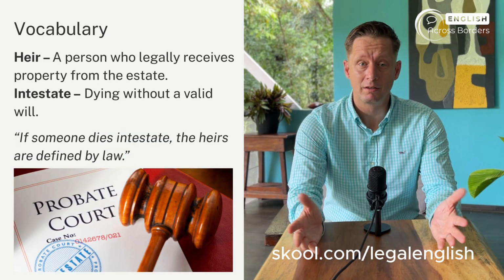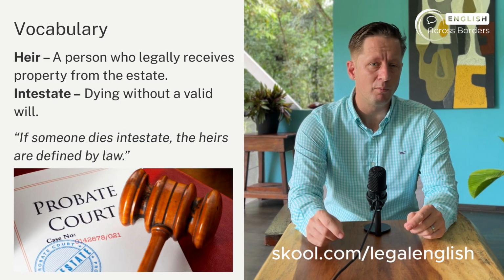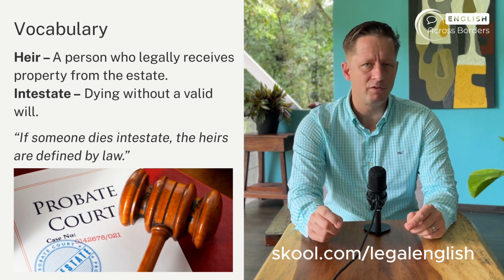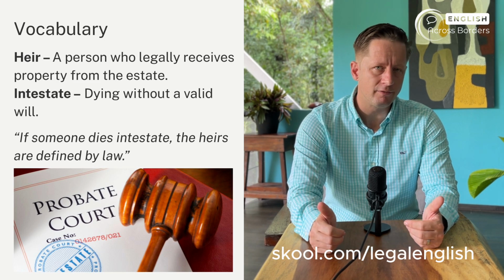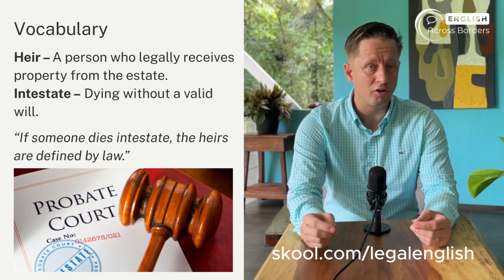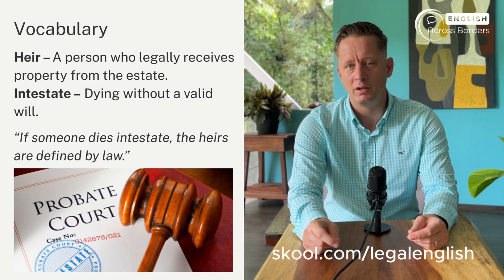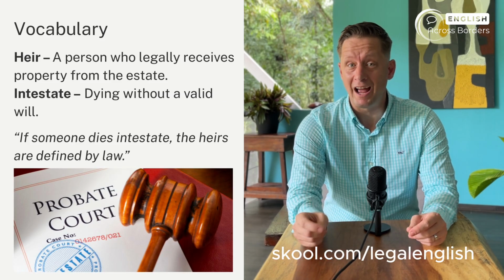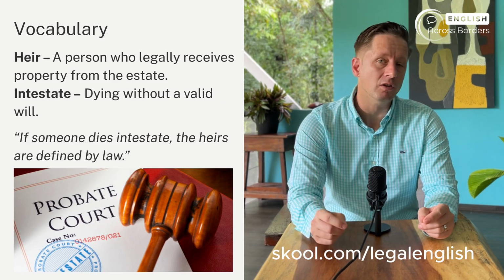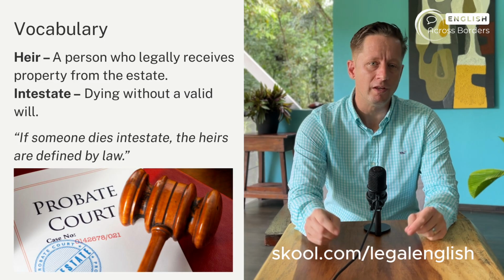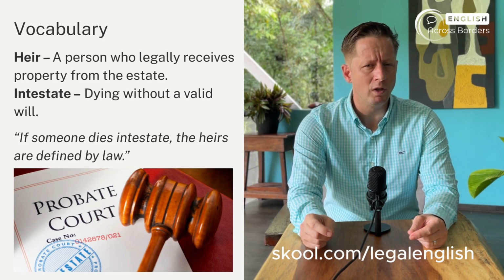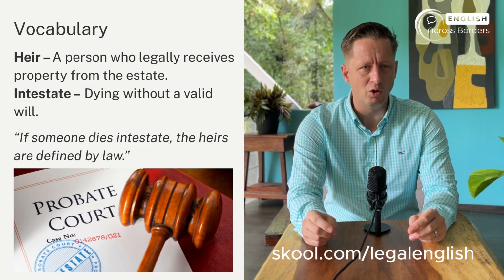An heir is someone who has the legal right to receive part of the estate. If there is a valid will, the heirs are the people named in that will. But if a person dies intestate, meaning without a valid will, then the law decides who the heirs are. For example, imagine Mr. Williams dies without making a will.